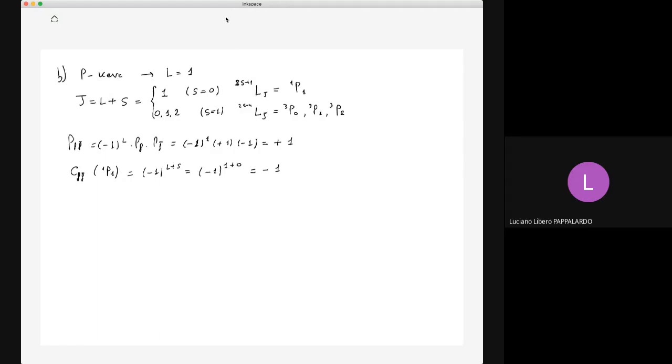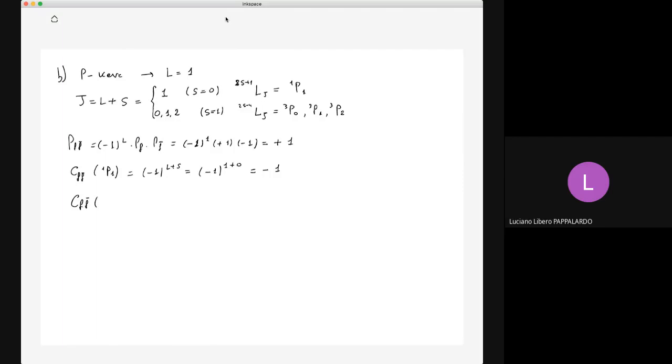What about the others? Well, the only thing that matters here is the sum of L plus S, which is the same for all the three other cases. So we can group them all together.